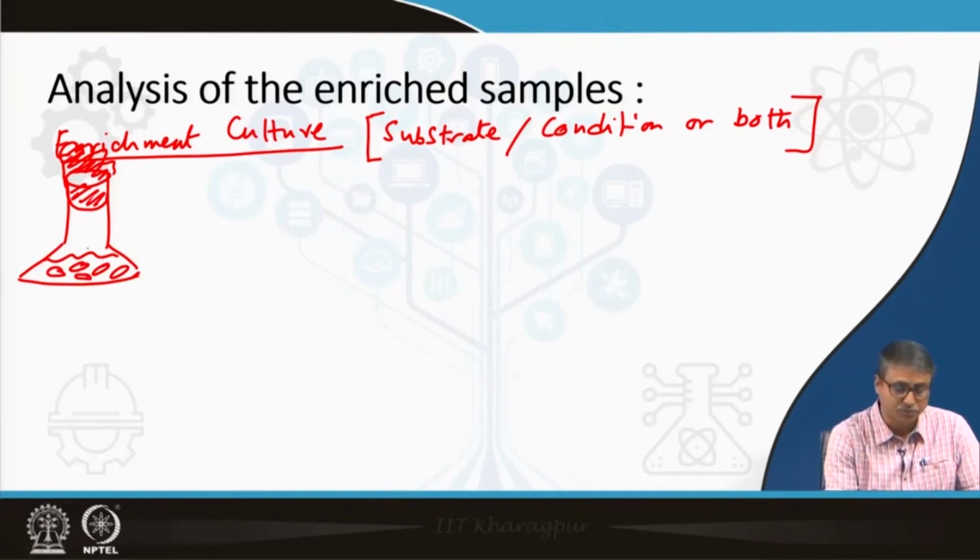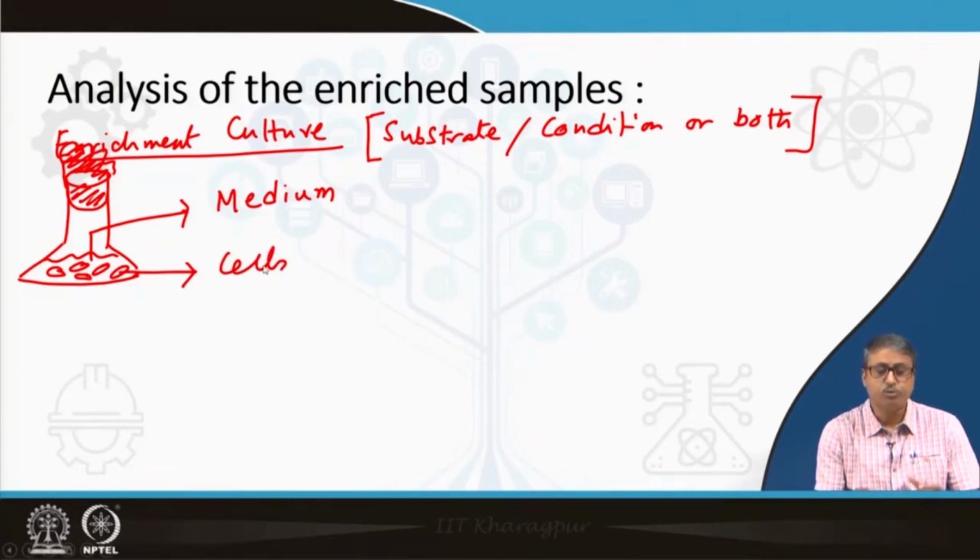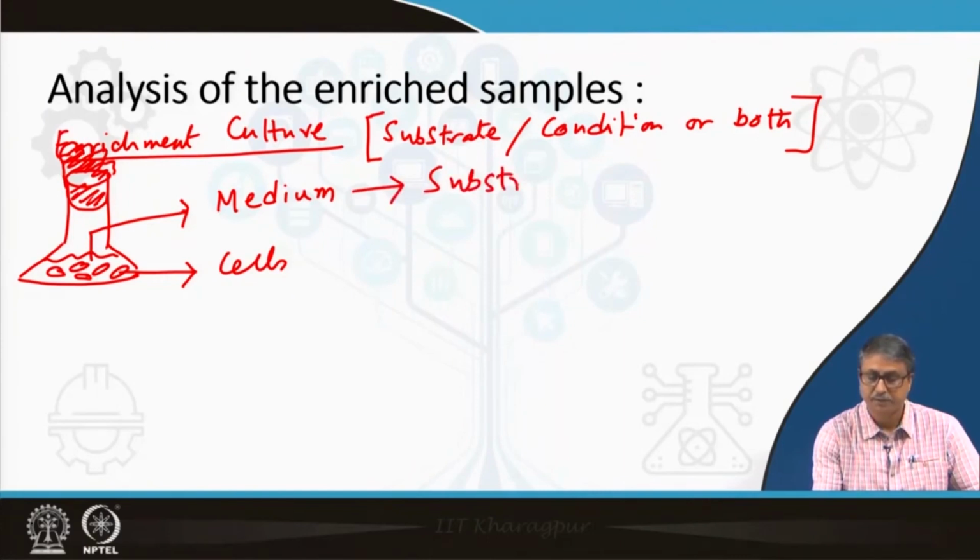So, what am I supposed to do? I have to analyze two things. One is the medium, and the second is the cells. Why do I need to analyze my medium? Because I have my substrate there.